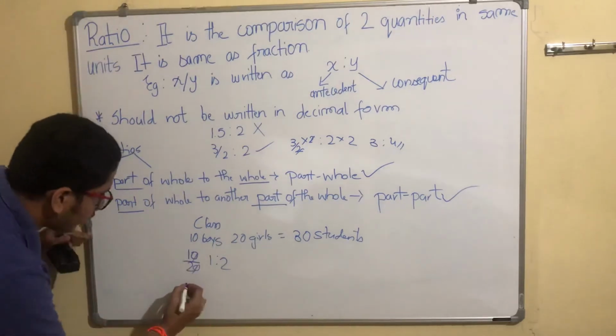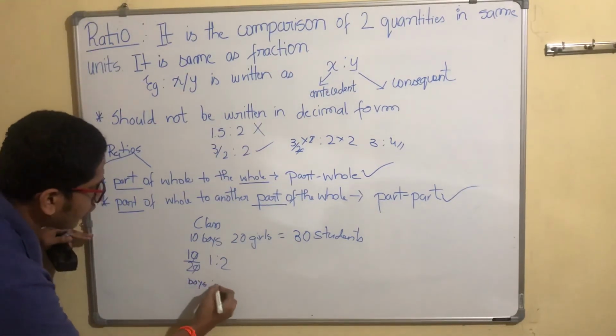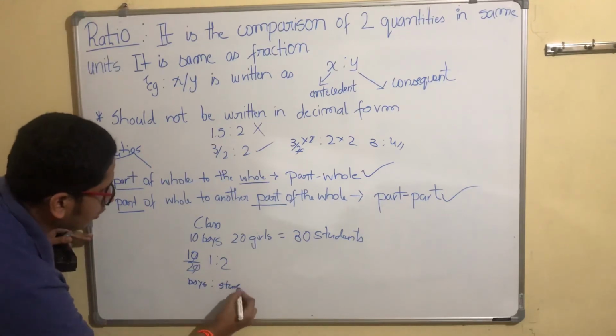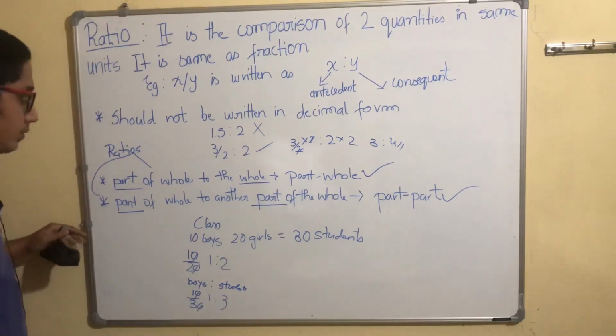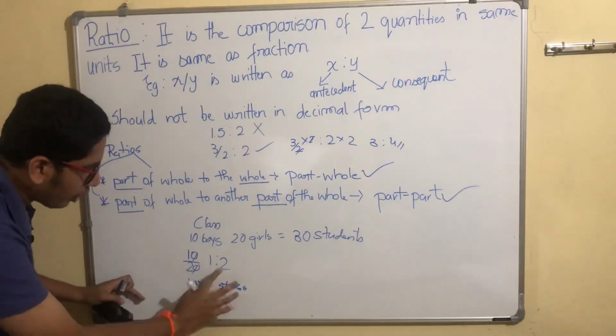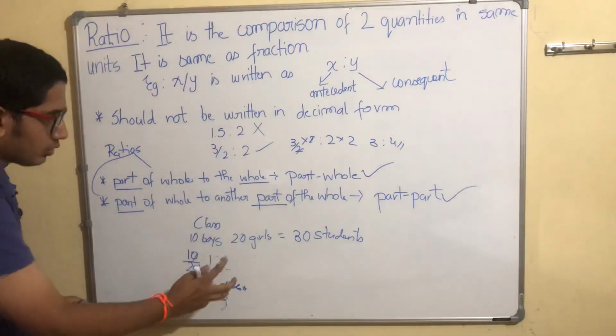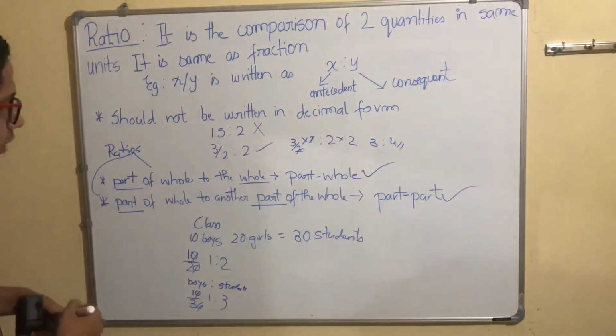Now if I take the ratio of boys to the total number of students, what will it be? 10 upon 30, the zeros cancel, 1 is to 3. So when we compare the number of boys to the total number of students in the class, the total number of students is 3 times the boys.